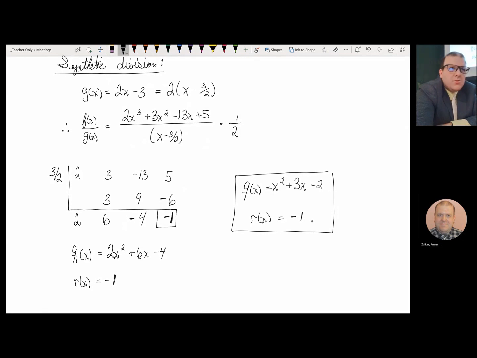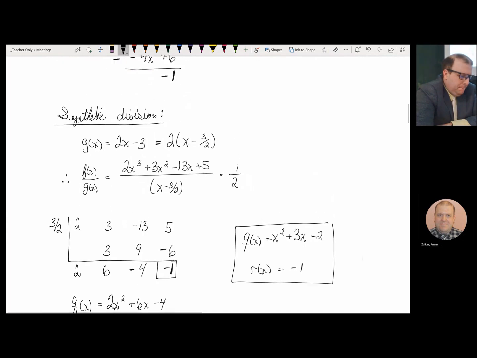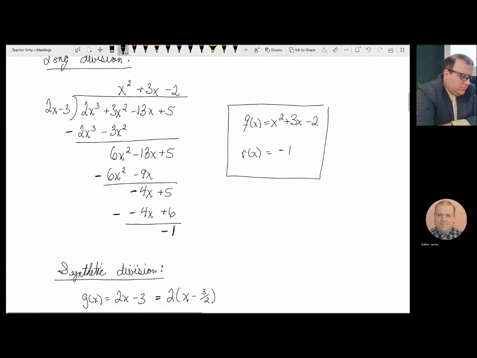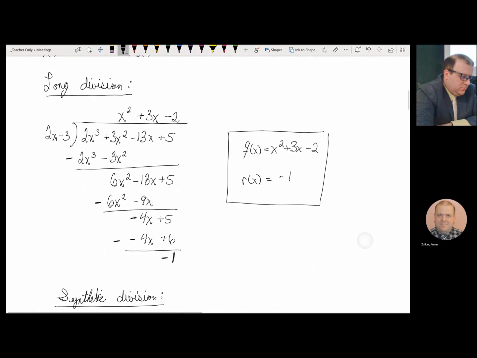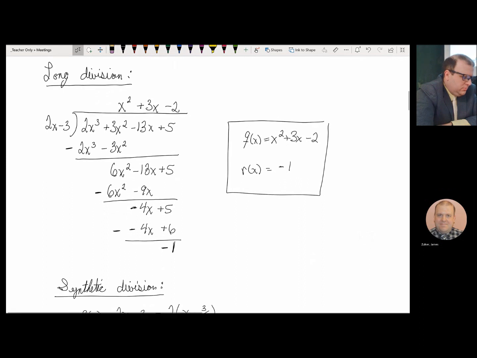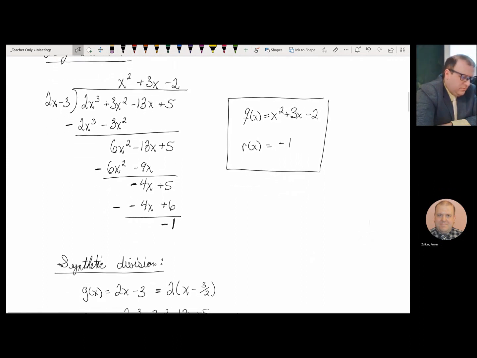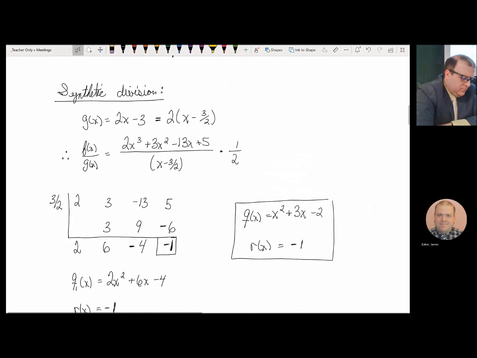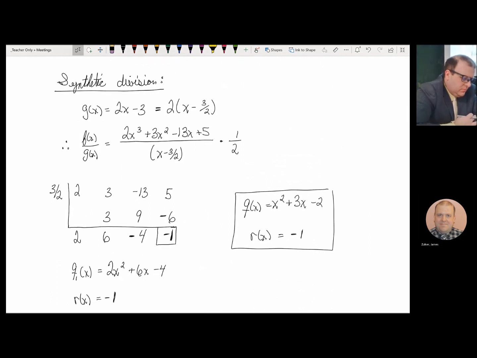Is that not being multiplied by 2? The question of why we didn't multiply the remainder by 1/2. This one here by 2, so why isn't that negative 1/2? That should be negative 1/2.